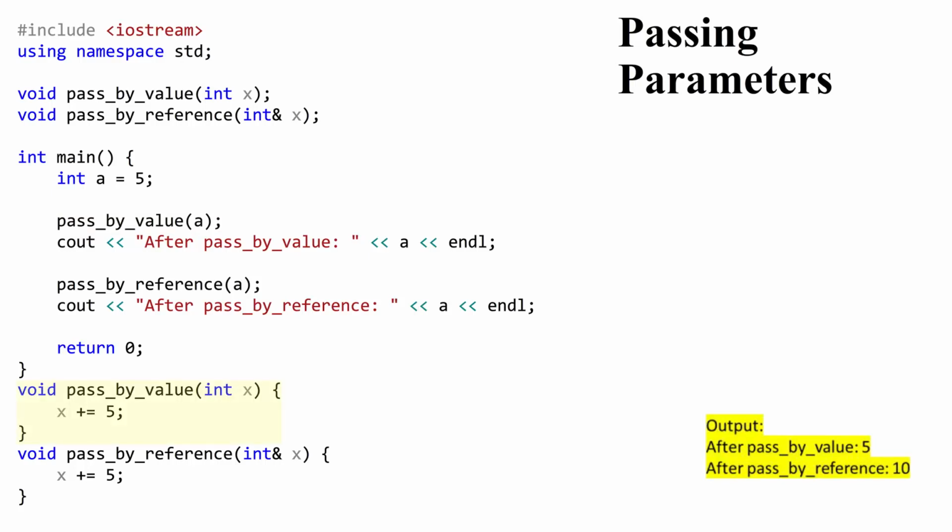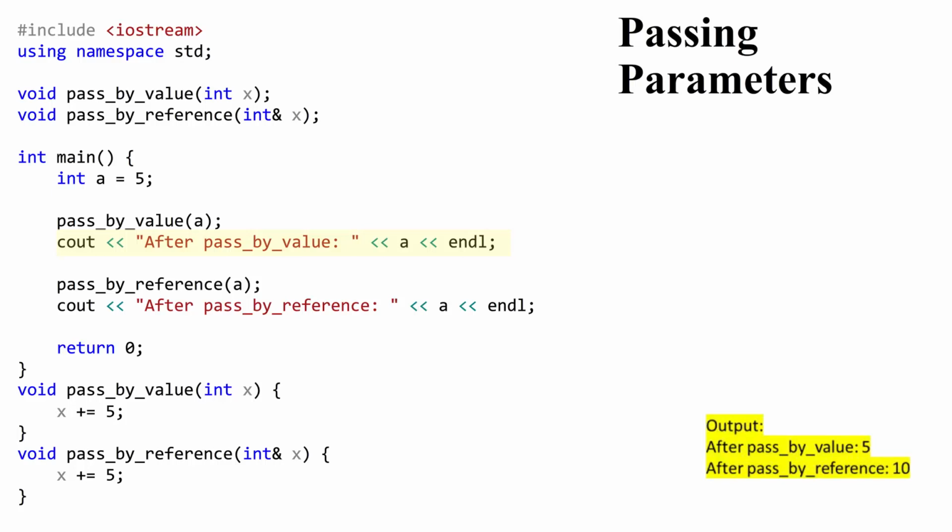The control flow goes to the pass by value function definition. Inside, it takes a copy of the integer and adds 5 to it. The original variable passed to the function remains unchanged. Then we see cout after pass by value, the a value, endl.